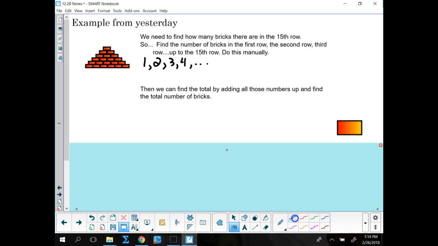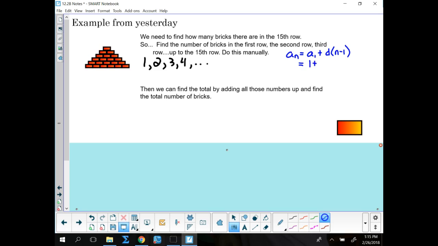So, if I went back and utilized a sub n is equal to a sub 1 plus d times n minus 1, and I want to figure out how many bricks are in the 15th row, how many are in the first row? 1.